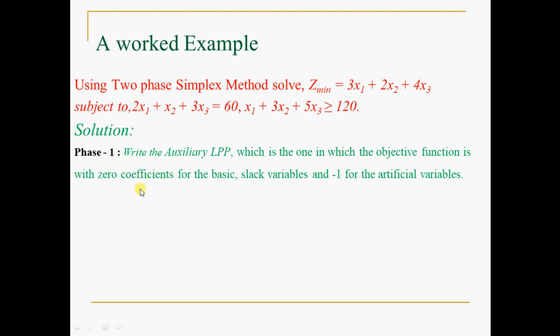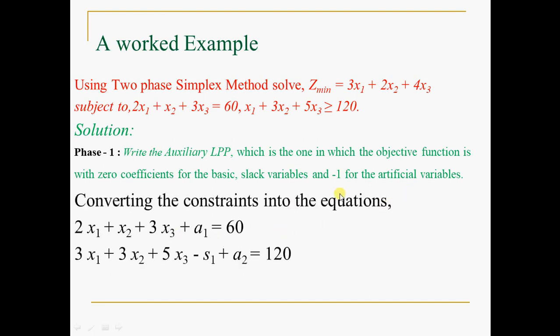While framing the auxiliary LPP, you are supposed to write the objective function, of course in the standard form, with all 0 coefficients, whether basic variable or slack variable. Surplus variables we are not going to consider, please note. For basic and slack, you use 0 coefficients and minus 1 for the artificial variables.